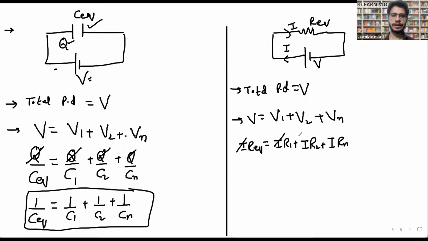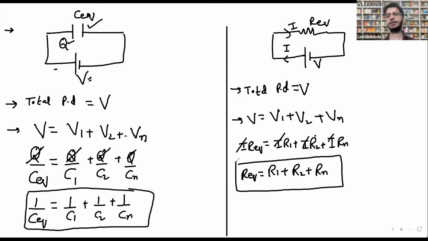So this I gets cancelled out, and I'm left with only R equivalent is R1 plus R2 plus Rn. This is how we calculate R equivalent.